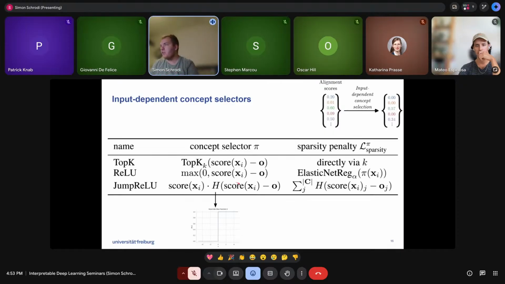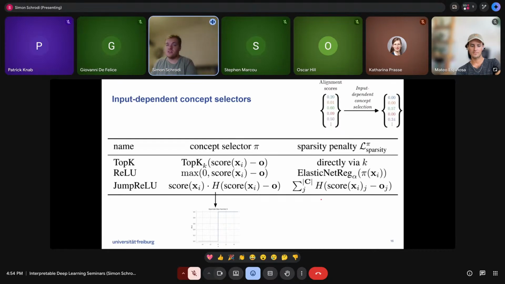The other one is JumpReLU, which essentially allows you to optimize over this L0 penalty, which you are actually interested in, because L0 is typically non-differentiable, but JumpReLU with some tricks makes it differentiable for you. This is more like a choice. I think you can do way better options here. This was more like the most simple approaches that we found.